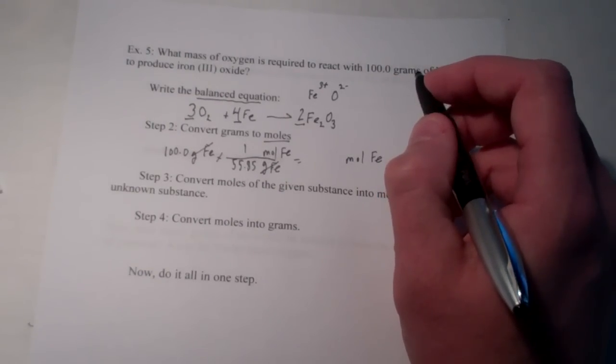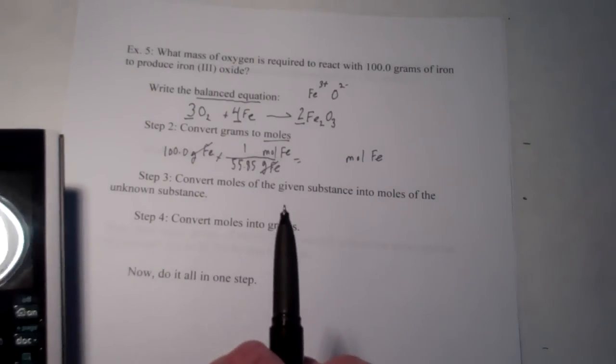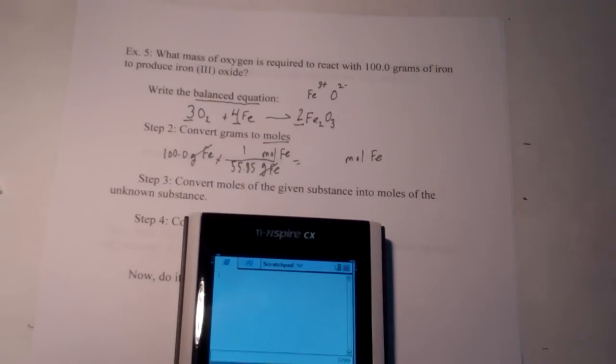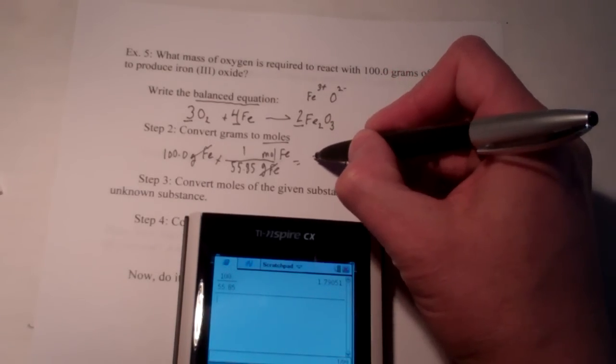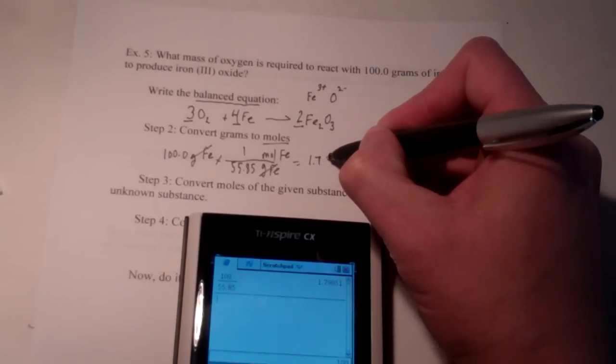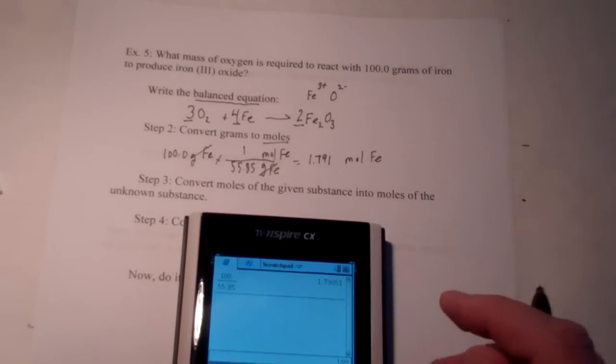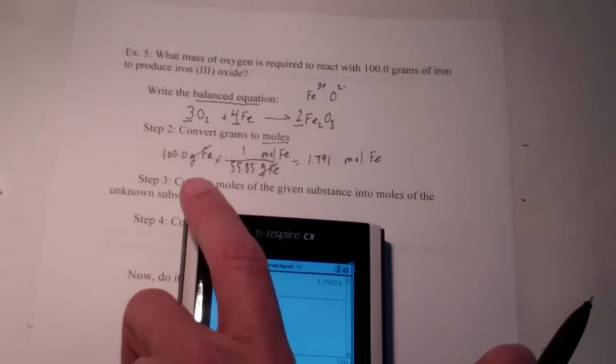So we'll pull out our calculators at this point. 100.0 divided by 55.85 gives me, to 4 significant figures, 1.791 moles of iron that are reacting.